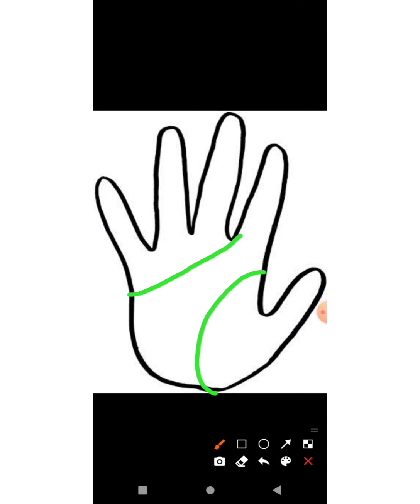So another aspect, let me see now. Where the headline starts: usually the headline starts from different portions of the palm. In some hands the headline is coming with no connection between the lifeline and headline, both starting independently.